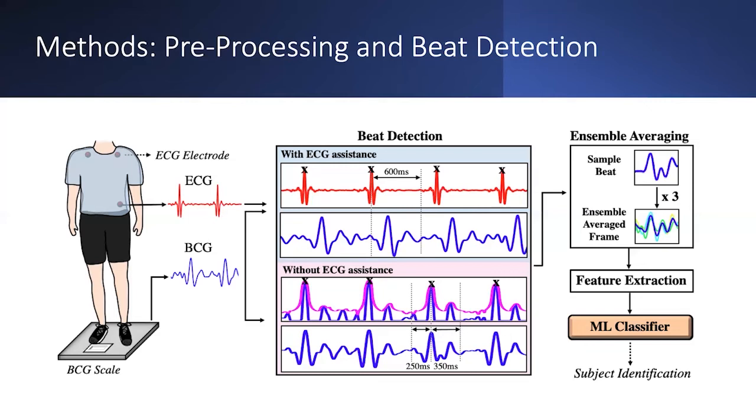Once the J peaks were located, we took the BCG signal segments that are 250 milliseconds before and 350 milliseconds after each J peak location on the BCG recording. So in total, our beat length was again 600 milliseconds. The detected beats were then ensemble averaged into frames using a moving average window size of 3 beats per frame, identical to the first case above.